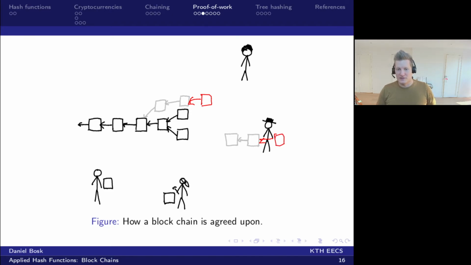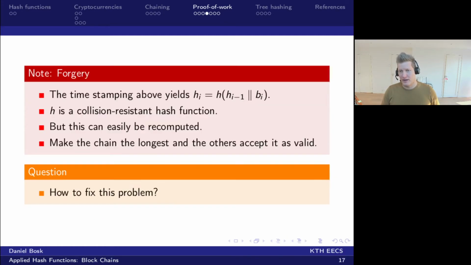Then this one is obviously the longest, and this means that we should dump these two, which are actually the valid chain, and change to this one. So this is easily doable with just the construction that we saw before, because we just need to recompute these hashes, and we can do that pretty instantly. So how do we fix this problem? How do we make it hard to change the history?